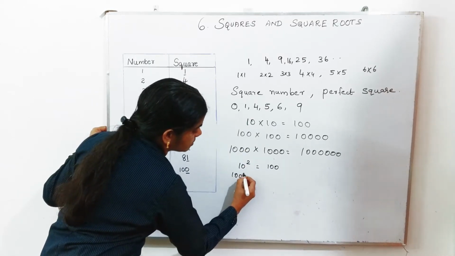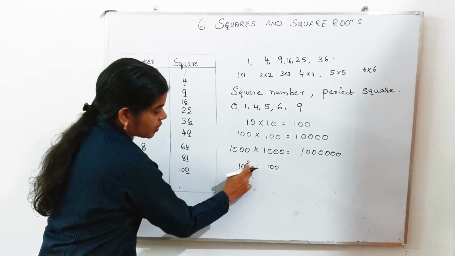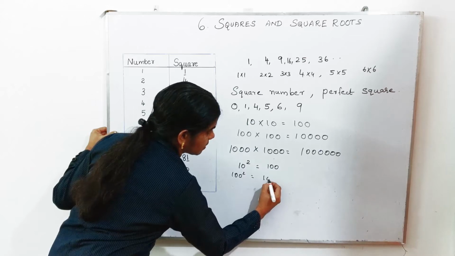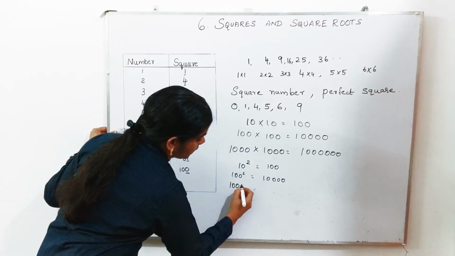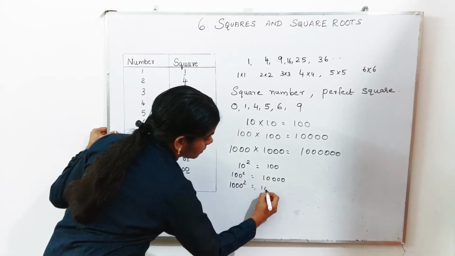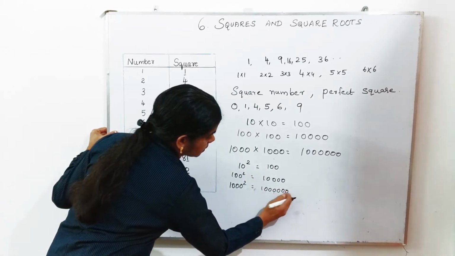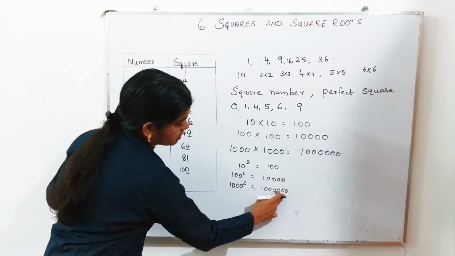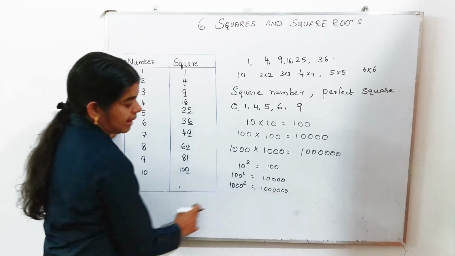Square means we can write this as a power also. 10 square means 100. 100 square is equal to 10,000. Then 1000 square is equal to 10 lakh.